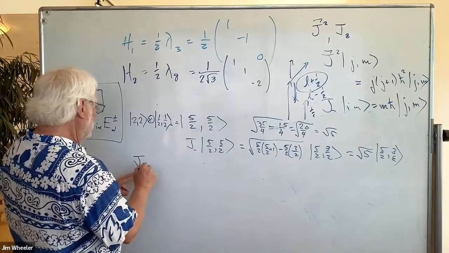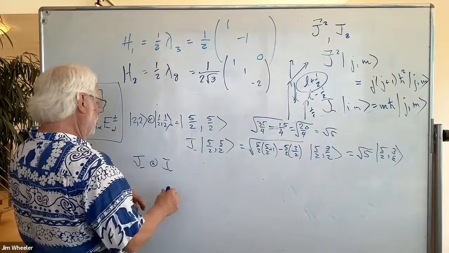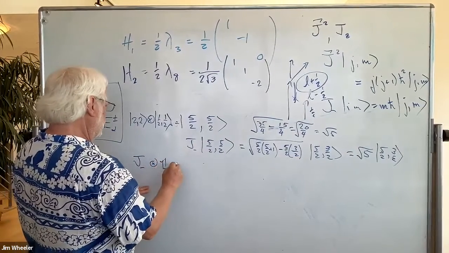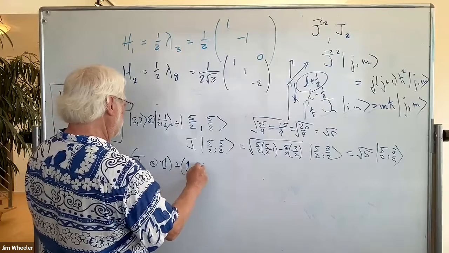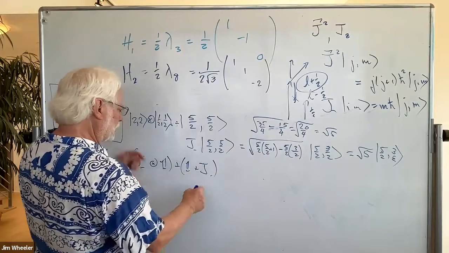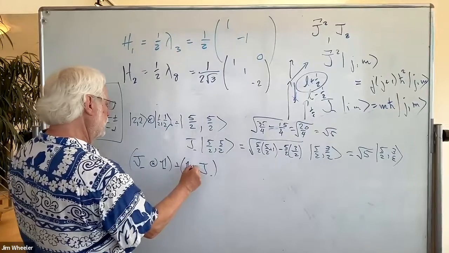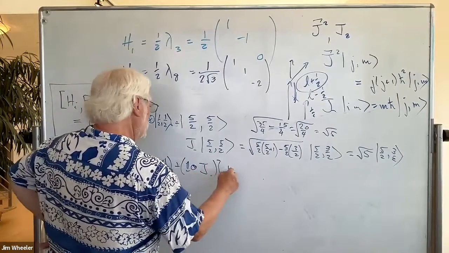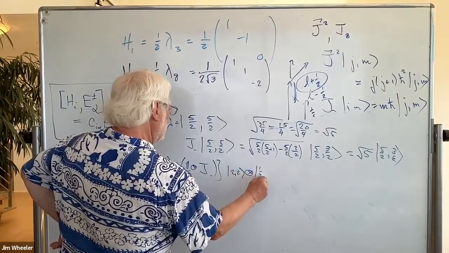On the other side, this is a direct product state. It's a sum of direct products here, J1 minus plus J2 minus, where this one acts on the second one, this one acts on the first. And we want this to act on 2, 2 cross 1/2, 1/2.